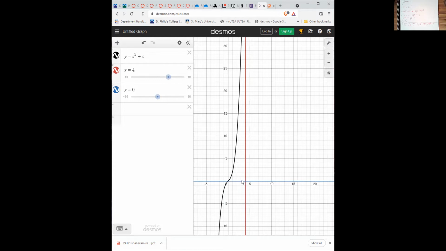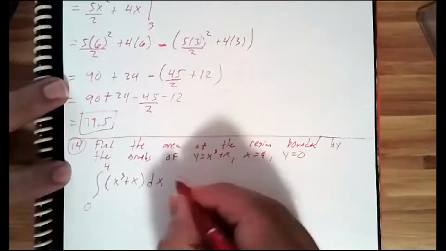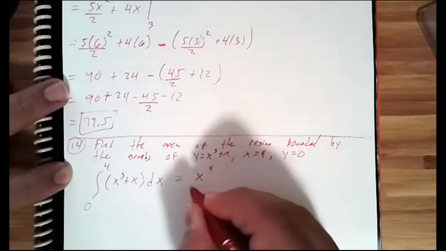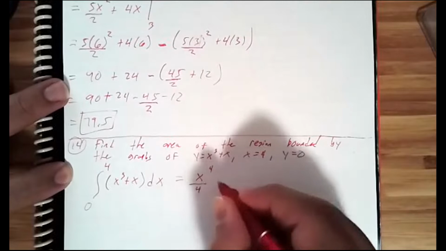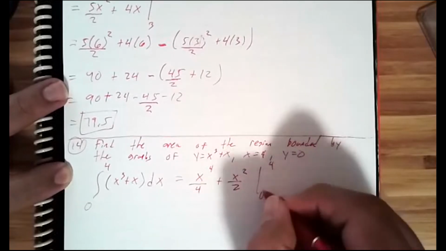So from 0 to 4, we're going to integrate underneath this cubic function. So integral from 0 to 4 of x cubed plus x dx. So that will be x to the 4th over 4 plus x squared over 2 from 0 to 4.